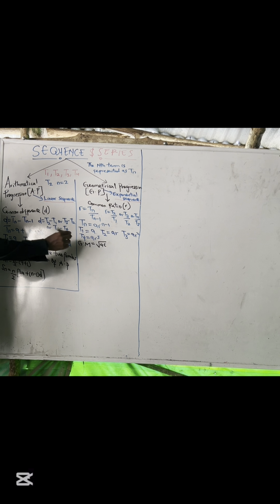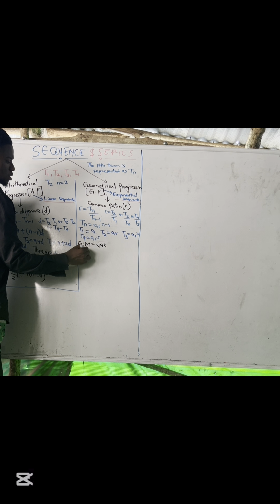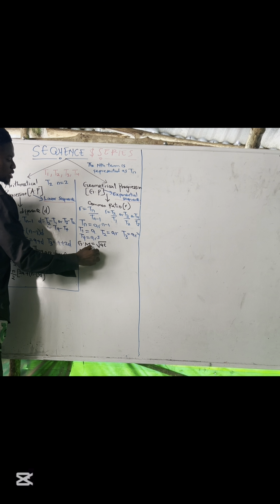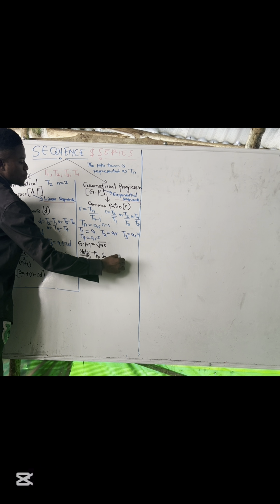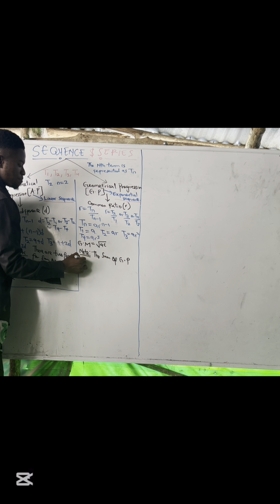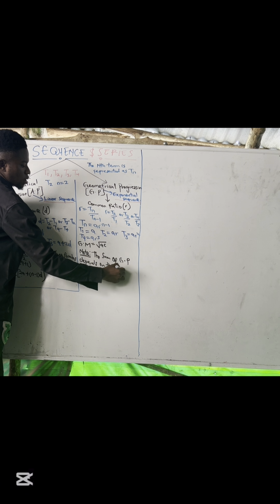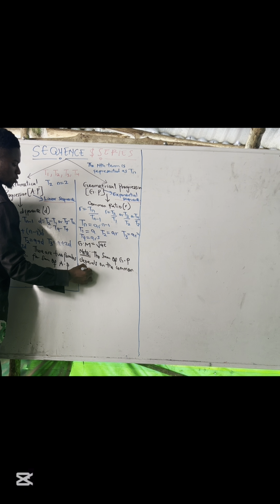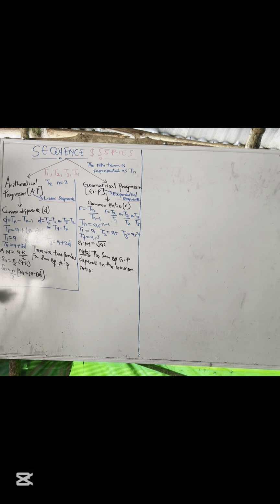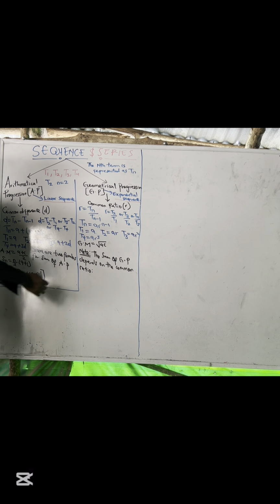So from here, we will also move on to the sum of GP. Then note, guys, the sum of GP depends on the common ratio.